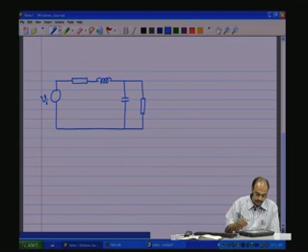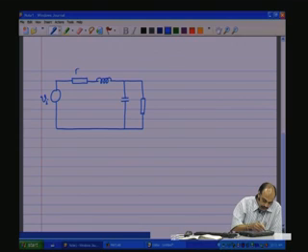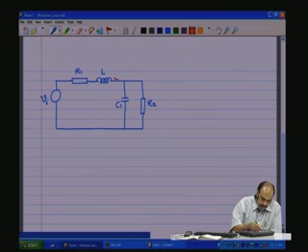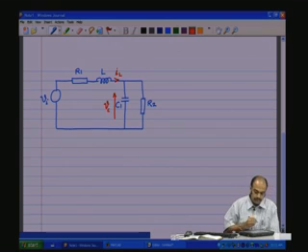So, you have Vi, the source, you have R1, L, I will call this C1 because it should not clash with the C matrix that we are using, and this is R2. And then there were 2 state variables, we had IL and VC.